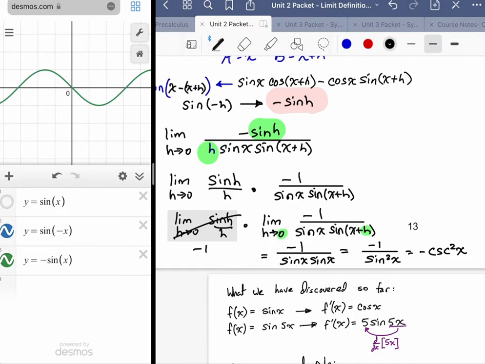If we know the derivative of tangent, sine, and the one I don't have up here, secant, we can actually figure out the derivatives of their cofunctions pretty easily, because if you have complementary functions, their derivatives are negative complements.